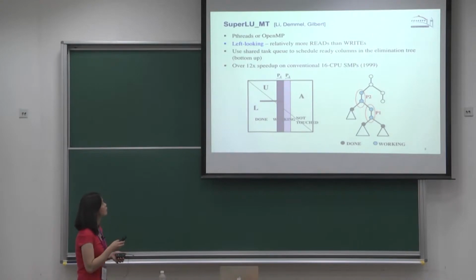So this is the shared memory algorithm. And also, remember, we talked about very different organizations of the data flow. You could have a left-looking algorithm, a right-looking algorithm, and a multifrontal algorithm. Depending on the different data flow organization, the parallel algorithm you design will also be very different.